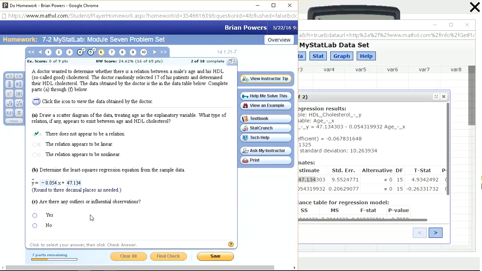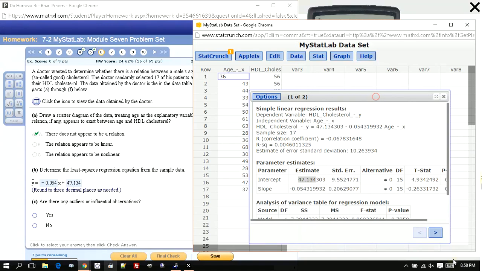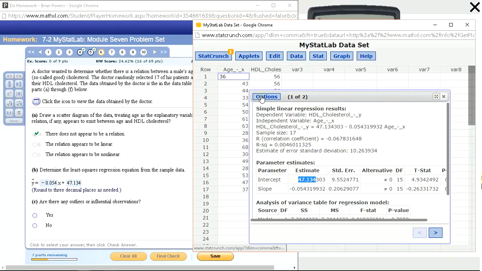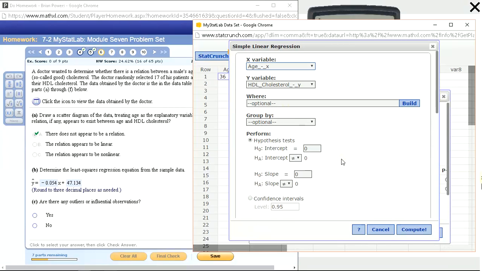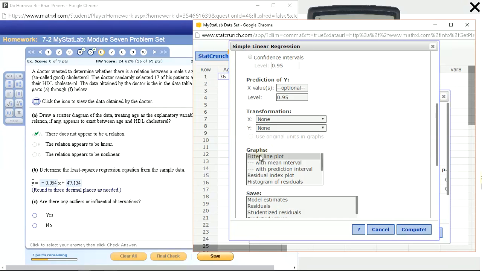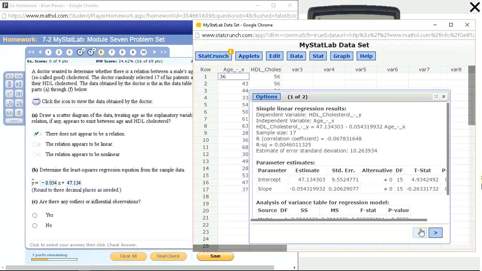Are there any outliers or influential observations? Well, to answer that, let's go back to edit, and I'm going to graph the fitted line plot, and that's what I'm going to do. Compute. That option I think was already on.